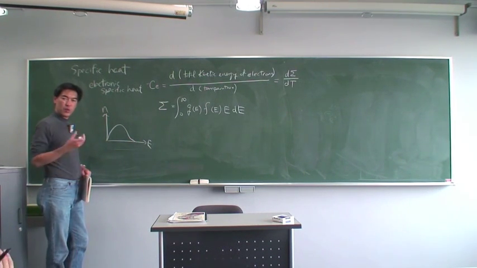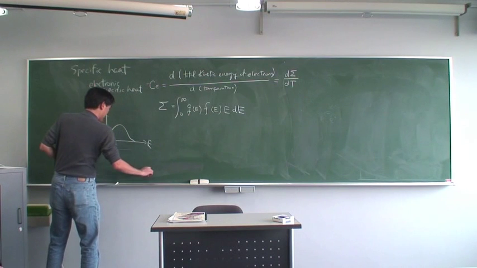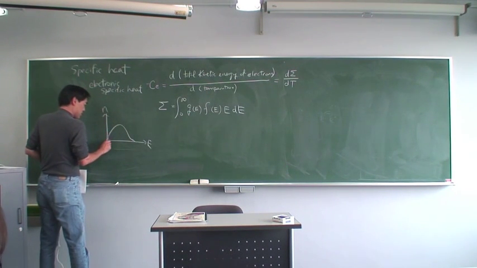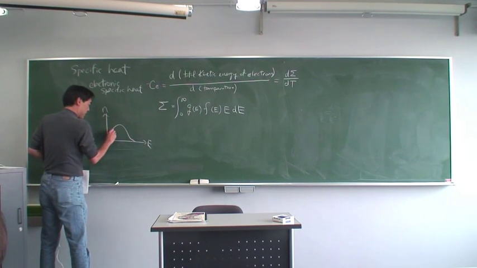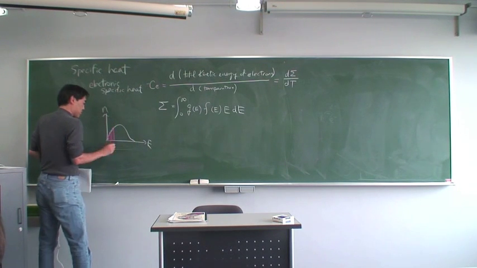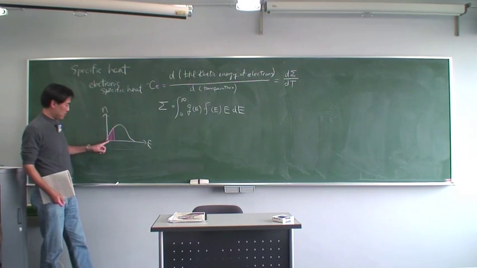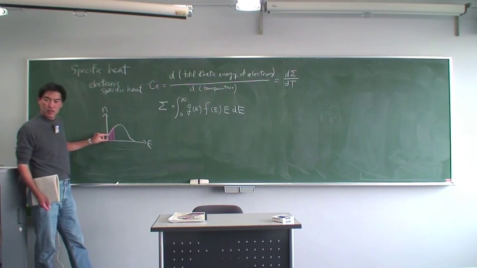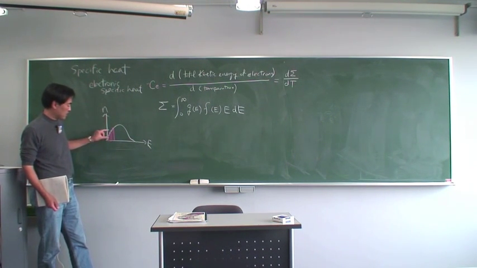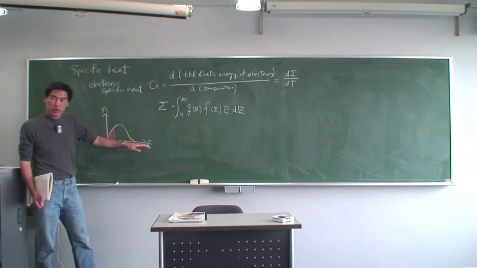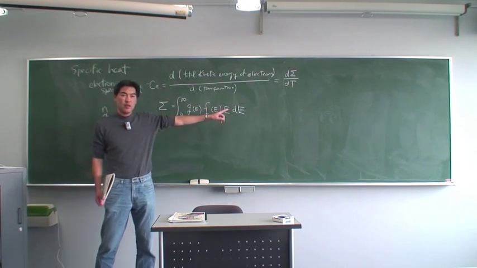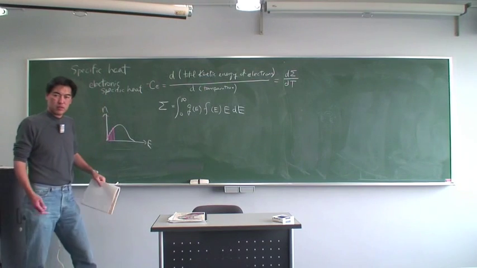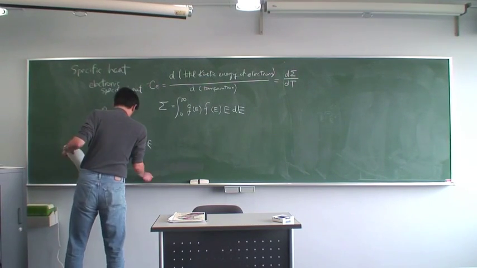Now, in order to find the total kinetic energy, you have to multiply by E. So if you take this as a bar graph, specific energy times this plus specific energy times this plus specific energy times this just gives you the total energy. That's why you're multiplying with energy. So this is a way to get total energy.